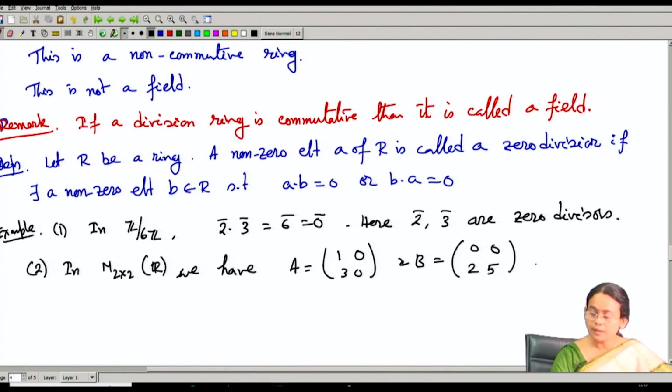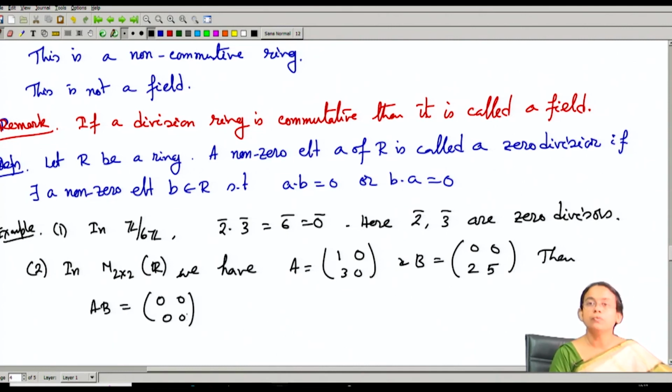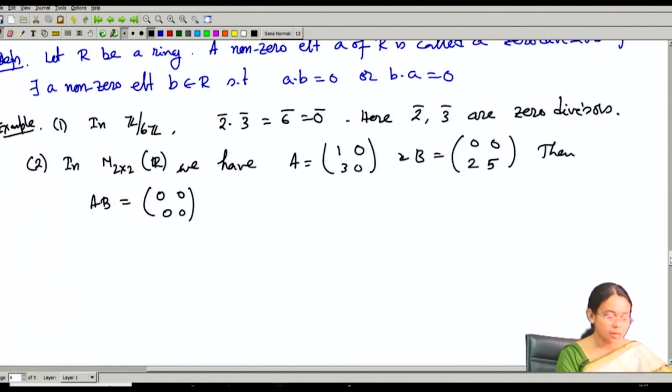If I consider A and B to be these two matrices, then A B is nothing but the 0 matrix. So, the product of two matrices is 0, but none of them is 0. So, these are examples of zero divisors.